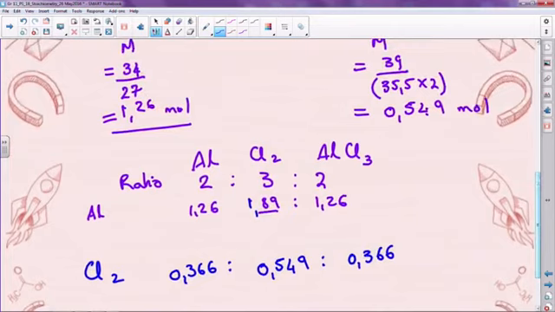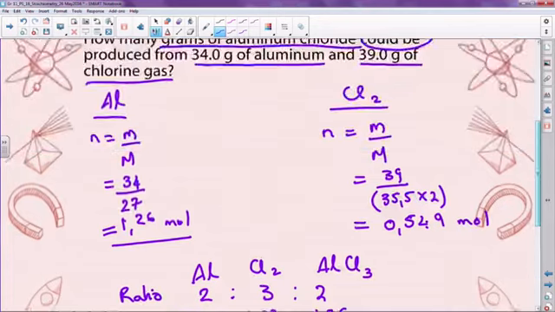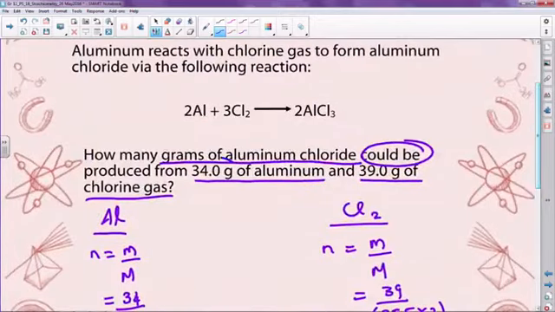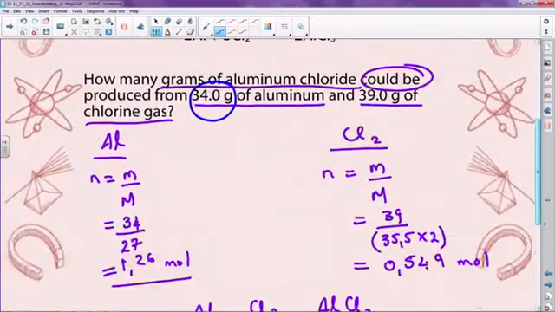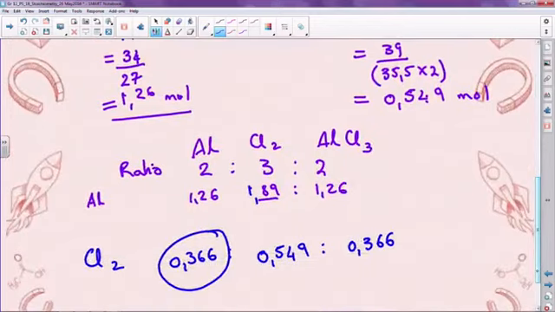This means the following. If I go according to the chlorine, if I use 39 grams of chlorine, I need 0.366 moles of aluminium, right? But I've only got 34 grams of aluminium, which means that I've got 1.26 moles of aluminium. Is that enough for the chlorine? The answer is yes.